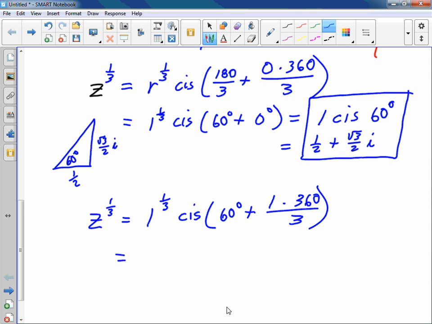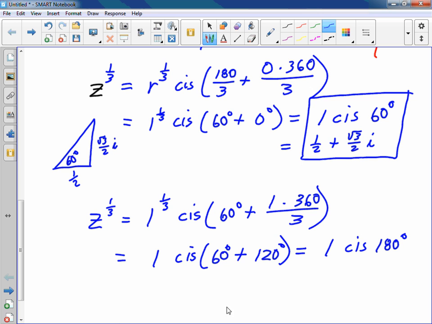And that equals 1 cis 60 plus, well, 1 times 360 is 360, divided by 3 is 120 degrees, and that equals 1 cis 180 in polar form. So 1 cis 180, that one we don't have to think too much about.